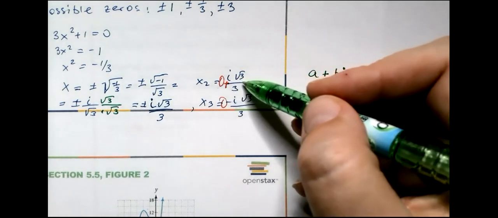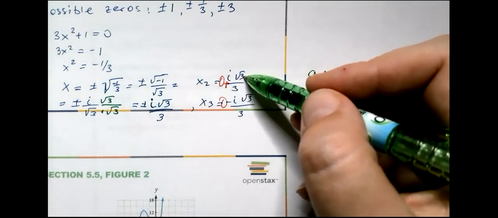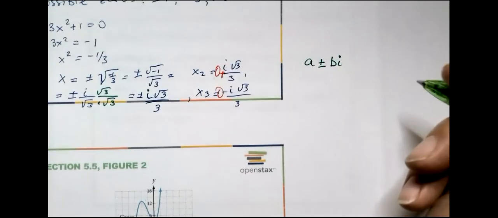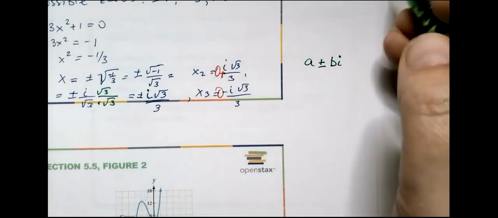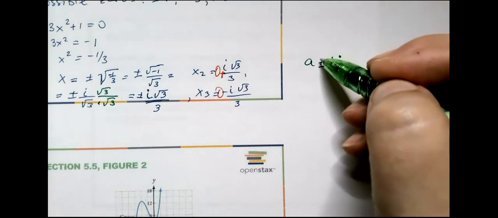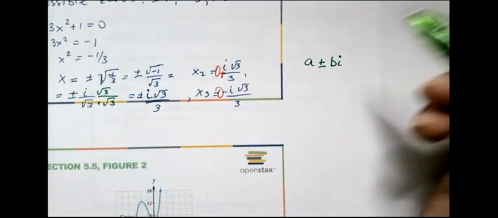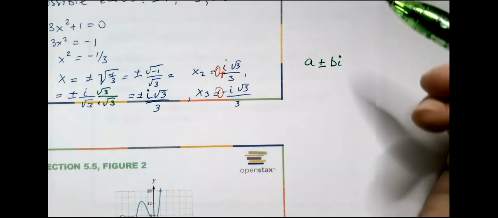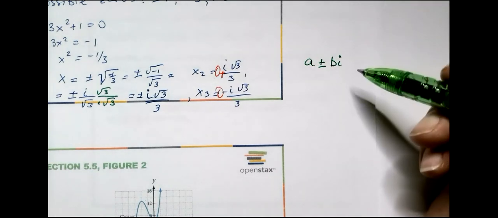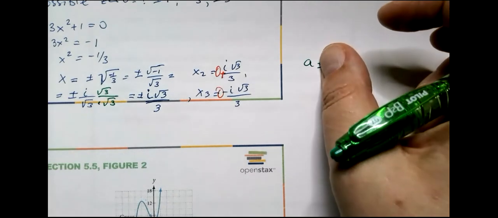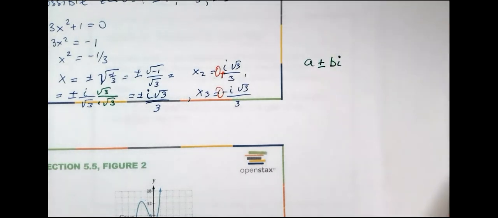It could be an irrational number like square root of 3. There are no restrictions on what a and b are, but the complex numbers come in this form. Well, as I mentioned before, real numbers could be written in this form too, with b equal to 0. When b is 0, then you just have your real number a.